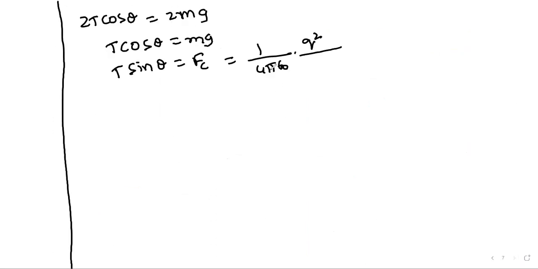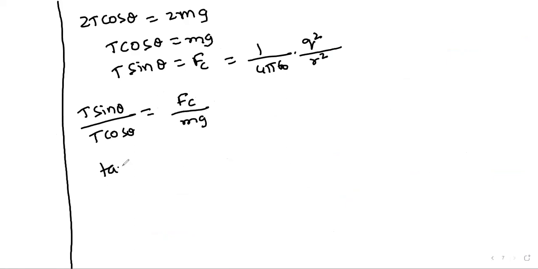So T sin theta by T cos theta equal to Coulombic force by mg. So tan theta equals 1 by 4 pi epsilon naught Q square by mg R square.